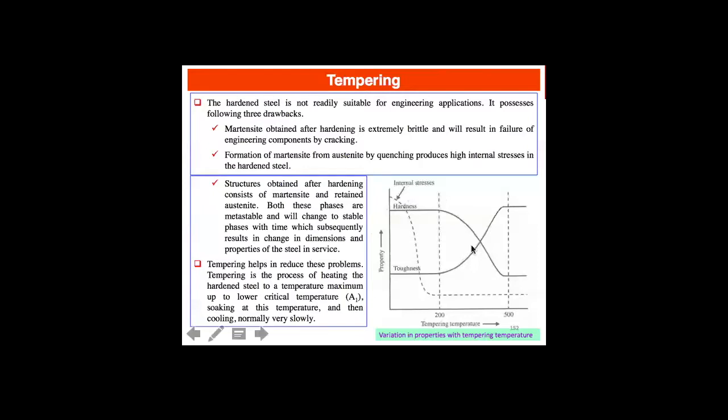And we exhibit the classic trade-off that as we temper, our toughness and ductility go up, but our hardness and strength decrease. So we want to find the happy medium where we have sufficient ductility for our purposes, but we haven't traded away too much of our strength.